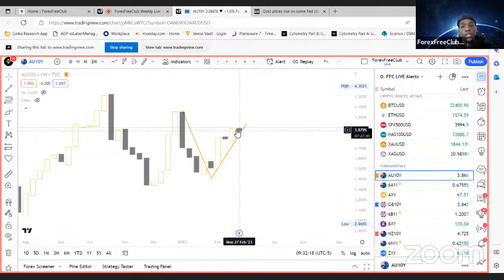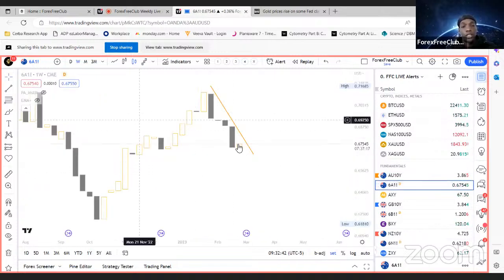So as we can see this week, we've been pulling back, but we've been pretty much bullish. So we're gonna ride this trend up. The 10-year yields, I'm waiting to see if they'll break some of these structure highs as a fundamental leading confirmation for our trades in Australia.